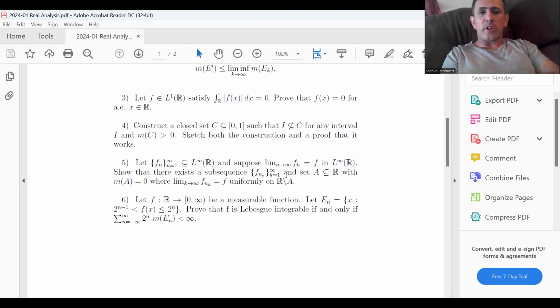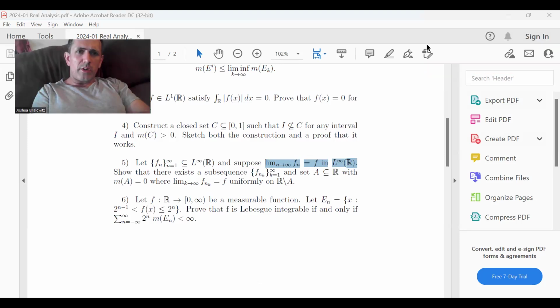It's a little trickier. But the idea is basically you can't just immediately say, oh yeah, clearly Fn goes to F uniformly anywhere, because what does convergence in L infinity mean? And I'll get to that right now.